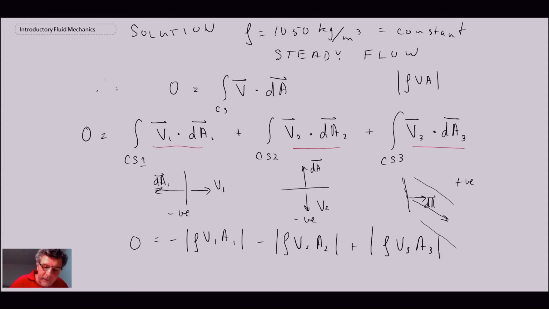And here, the density is going to drop out of all of these equations. So what we'll do in the next step is we just plug in values and we'll solve for, what are we looking for? The only unknown here is V3. And we're going to get a scalar value that we then have to put into a vector component.